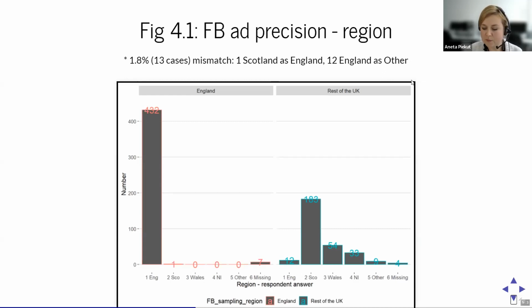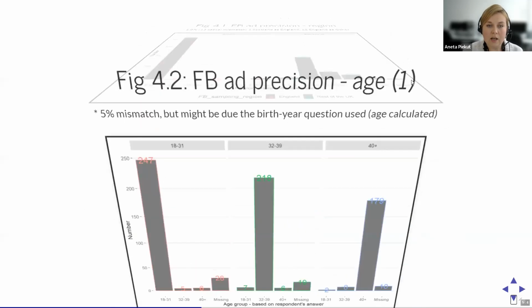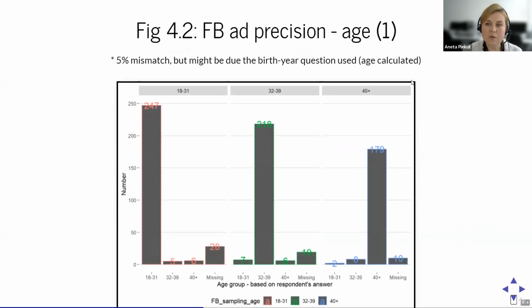There were some responses missing, but I excluded them from this calculation. And for the age, there was a slightly higher mismatch of 5%. You can see in these categories the actual responses of the respondents in these 3 blocks of graphs.